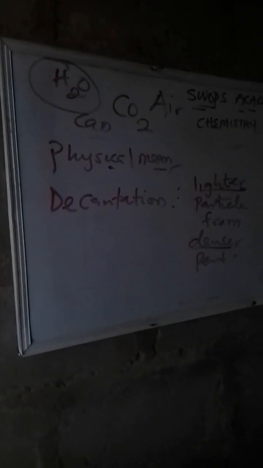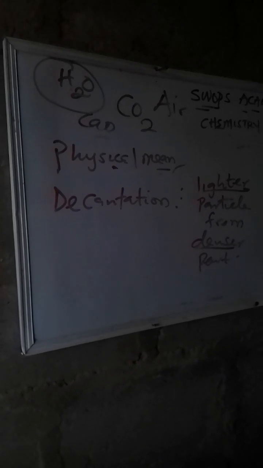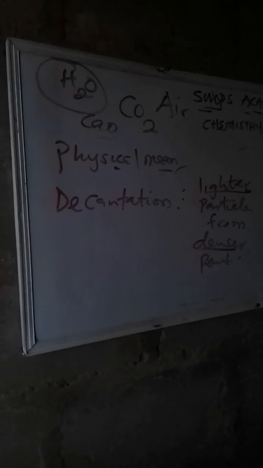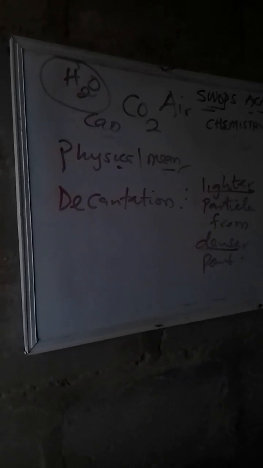Lighter from denser. Let me still use Gari. Suppose the Gari is mixed with dirt and many other things, and you want to clean that Gari. What method do you apply as a chemistry student? You add water to it. All the lighter particles, all the rubbish that is not Gari, will pop up.